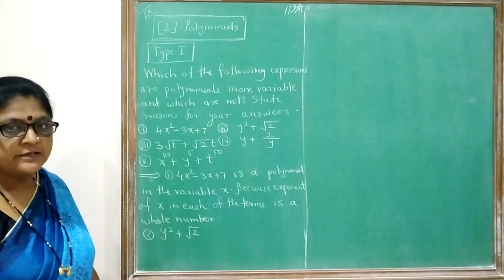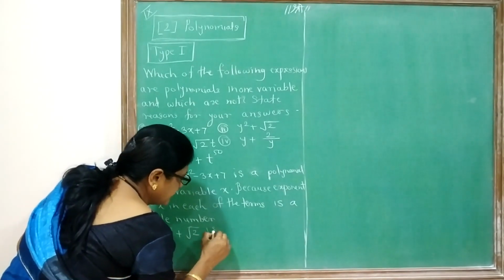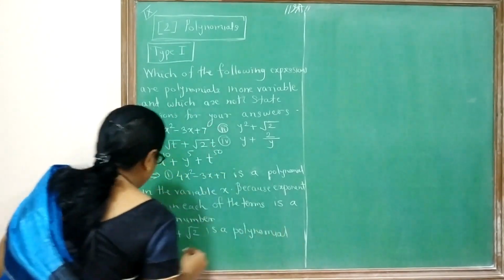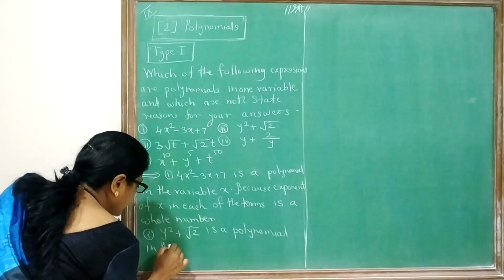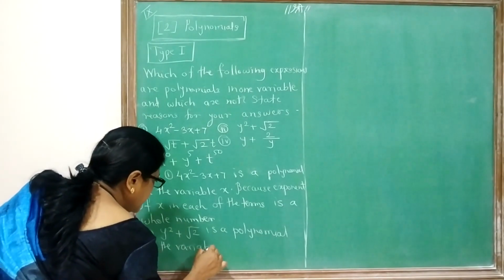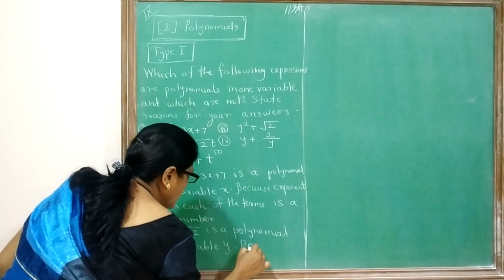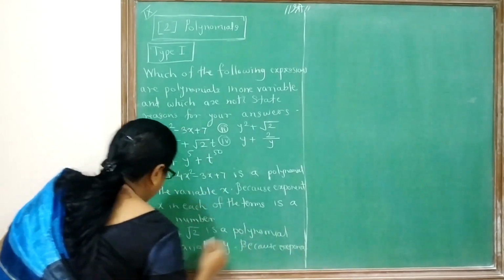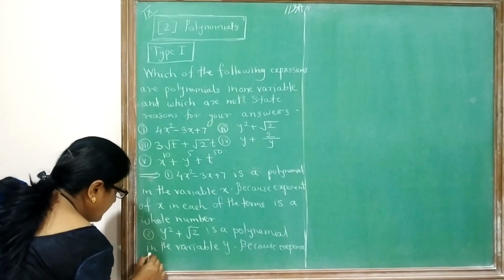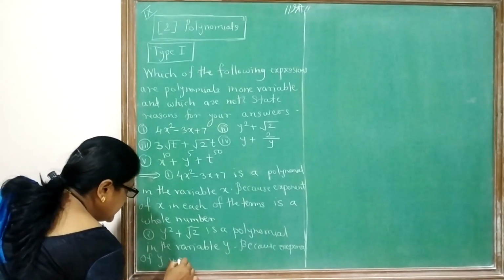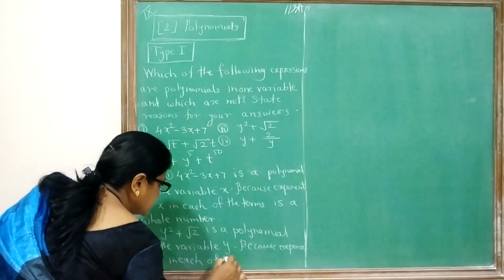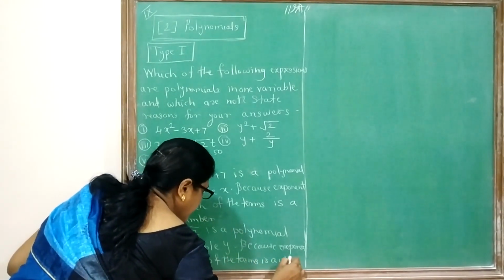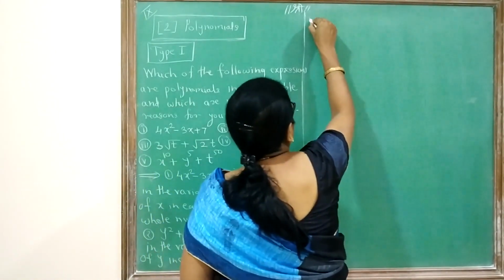Then you will write its reason: it is a polynomial in the variable y because the exponent of y in each of the terms is a whole number.